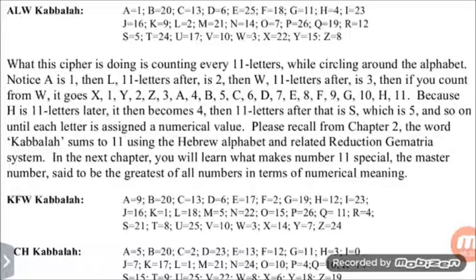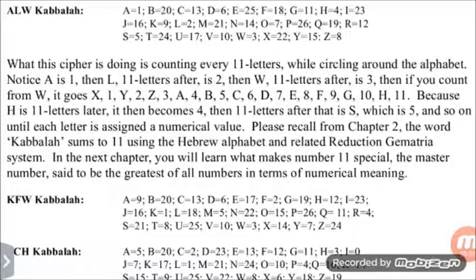1, Y, 2, Z, 3, A, 4, B, 5, C, 6, D, 7, E, 8, F, 9, G, 10, H, 11. Because H is 11 letters later, then it becomes 4.